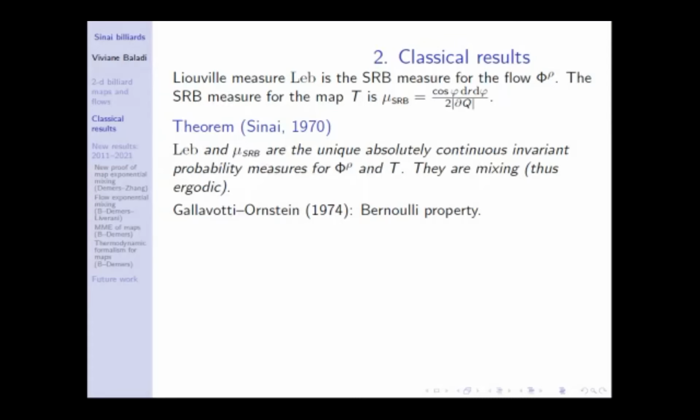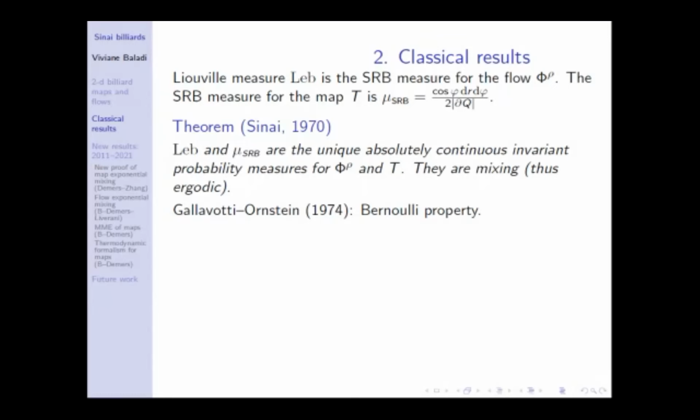So the story starts with Sinai, more than 50 years ago, who showed that these are the only absolutely continuous invariant probability measures for the flow, respectively, the map. And in addition, they are ergodic. In fact, not only are they ergodic, which means that the time averages converge to space averages, but they are mixing.